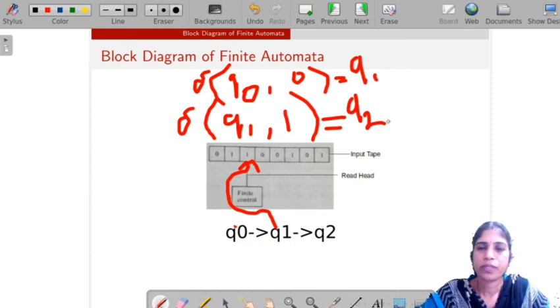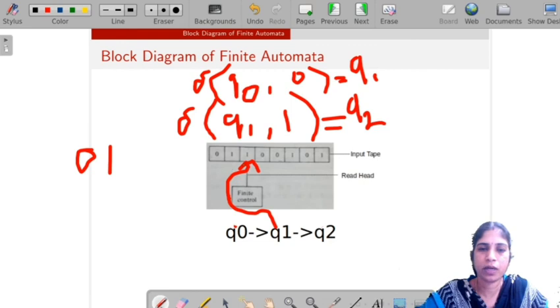Suppose Q2 is a final state. Then the string accepted by the finite automata is 0, 1. This is the string 0, 1, up to the cell pointed by the read head but not including that cell.